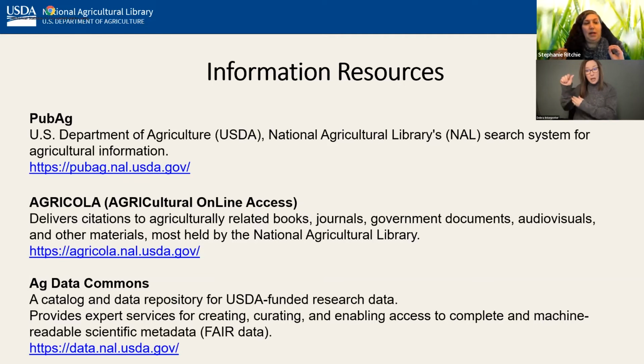And it is both a catalog where we have a record of things. The data set does not have to live in the data repository in Ag Data Commons. It could be at any other data repository, but we like to have a record of it. So if any research has been funded by USDA, we should have a record of data sets created through that research. And then in addition, we do have a data repository.